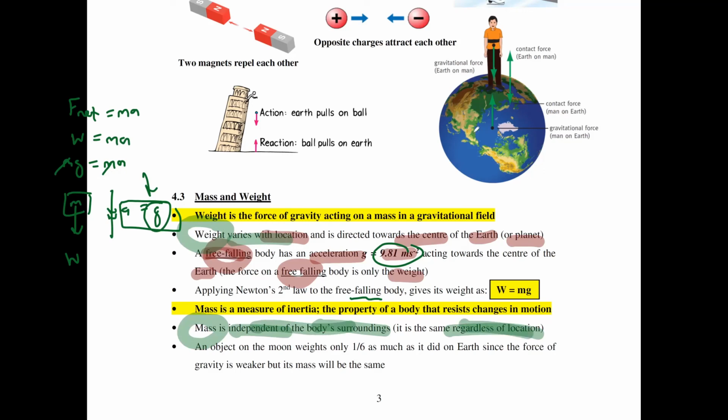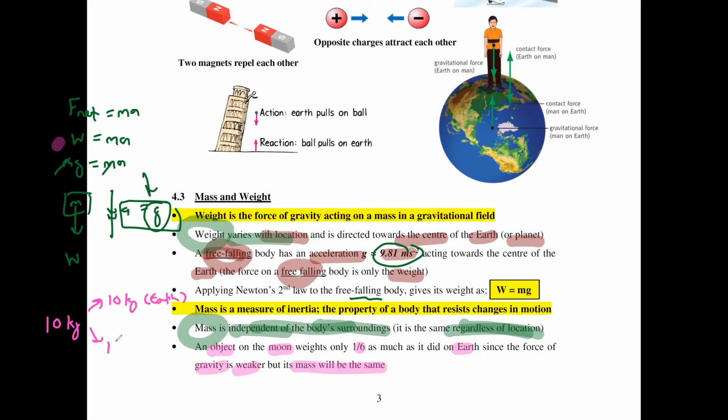For example, if you have an object, you put it on Earth and you put it on the moon, we will tell you that the object on the moon will only weigh as much as 1/6 of what it did on Earth because the force of gravity is weaker, but its mass will remain the same. So if your object is 10 kg, it will be 10 kg on Earth.